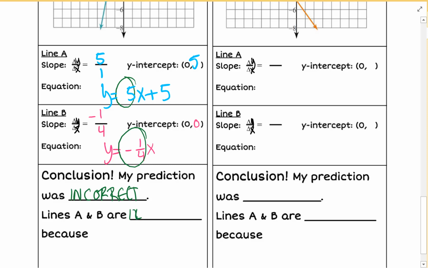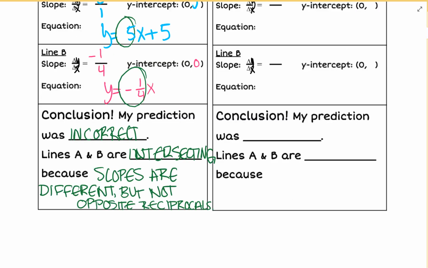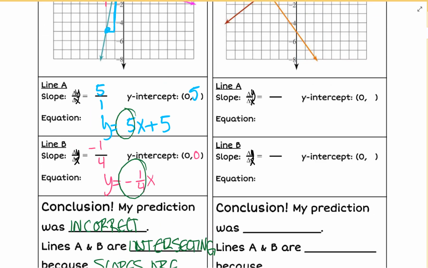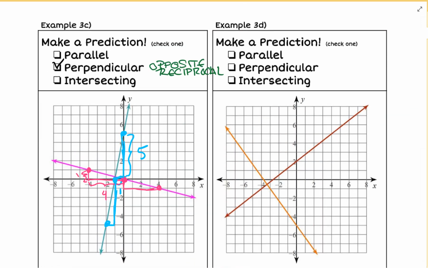They are simply intersecting. The slopes are not opposite reciprocal. The slopes are different, like these lines are not parallel, but they're not opposite reciprocal slopes, okay? And that's what we need to have perpendicular lines.